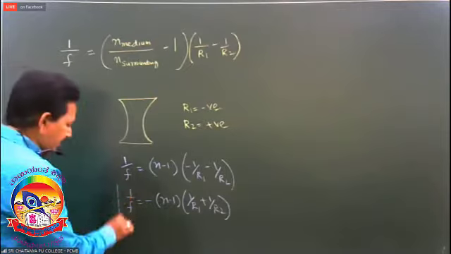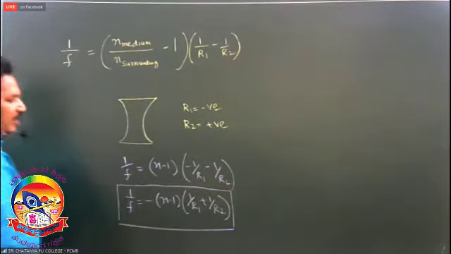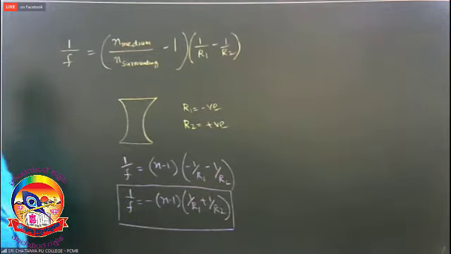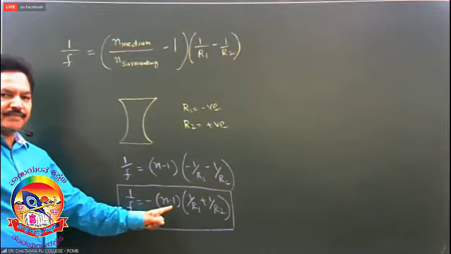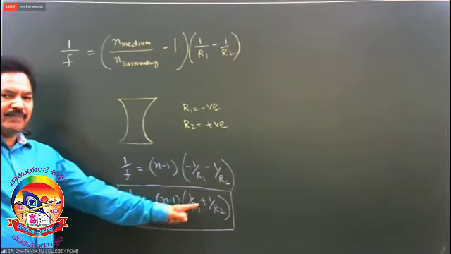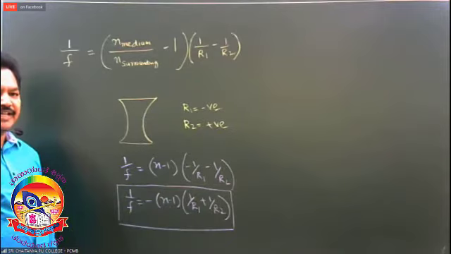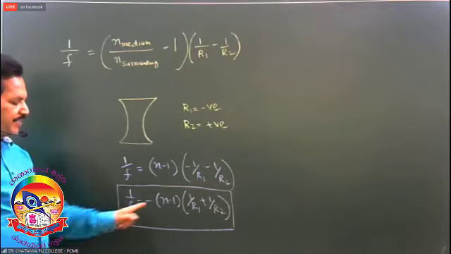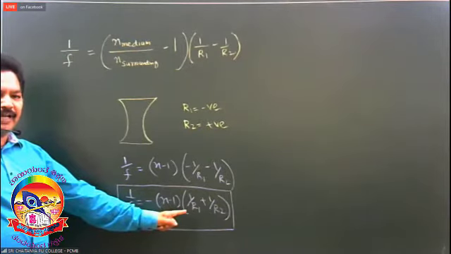Directly we can apply this formula in case of the concave lens: 1 by f is equal to minus (n minus 1) into (1 by R1 plus 1 by R2). In case of a convex lens, we got 1 by f is equal to (n minus 1) into (1 by R1 plus 1 by R2).